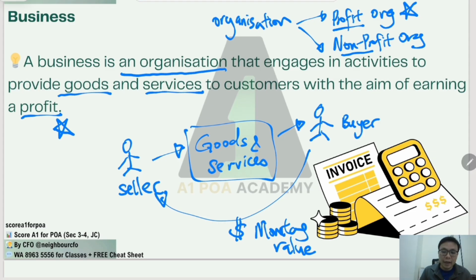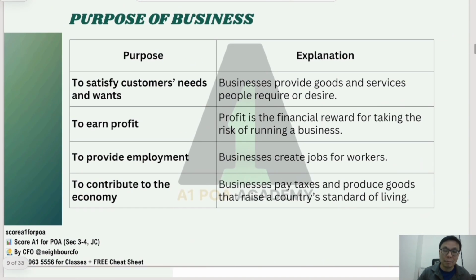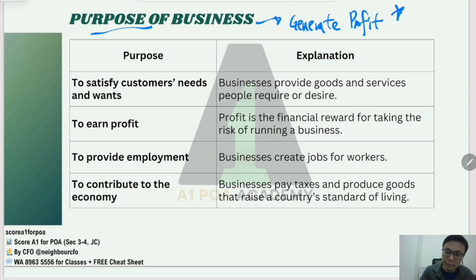Yep. So with that, this definition gives all of us a good snapshot of what a business is all about. It exists for the purpose of profit, and it provides goods and services so that it will be paid. With that, let us now go to the next slide that talks about the purpose of business. So once again, business is an organization that generates profit based on the previous slide. Recall back in the earlier slide, we talked about the buyer and the seller.